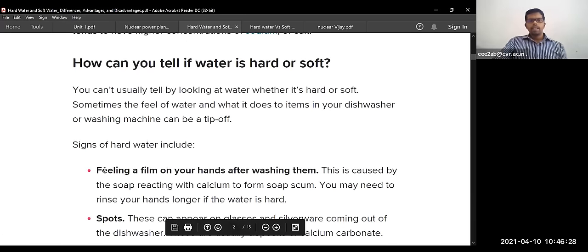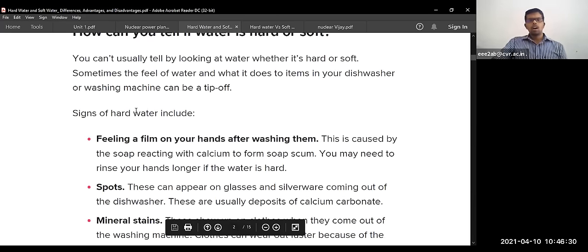Signs of hard water include feeling a film on your hands after washing them. After washing your hands, you'll feel some layer on your hands, and also some spots will come.